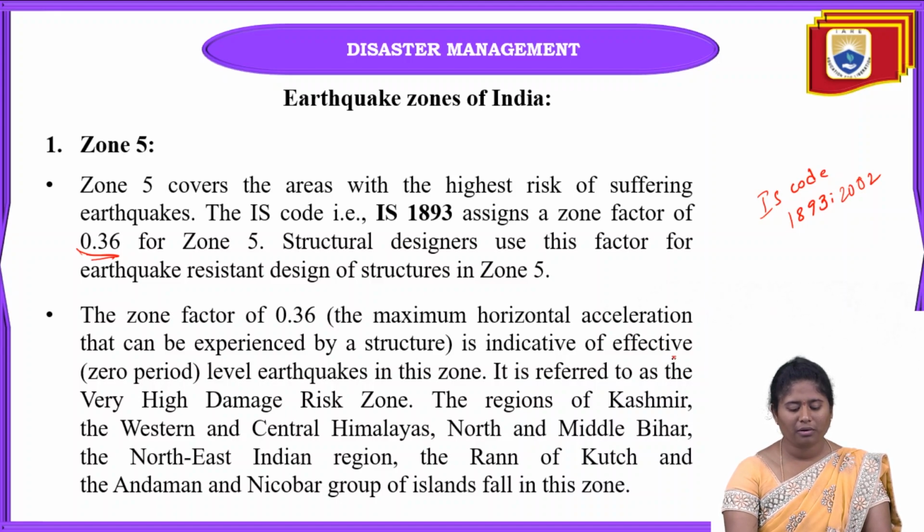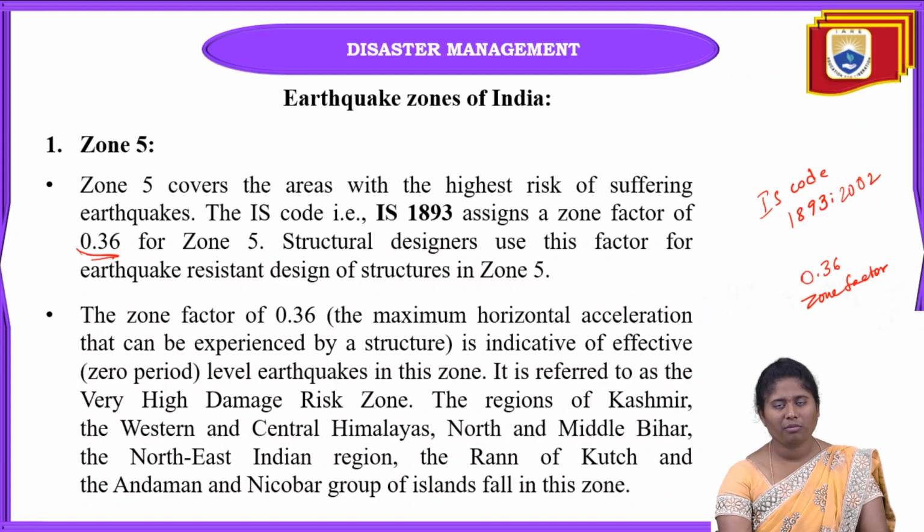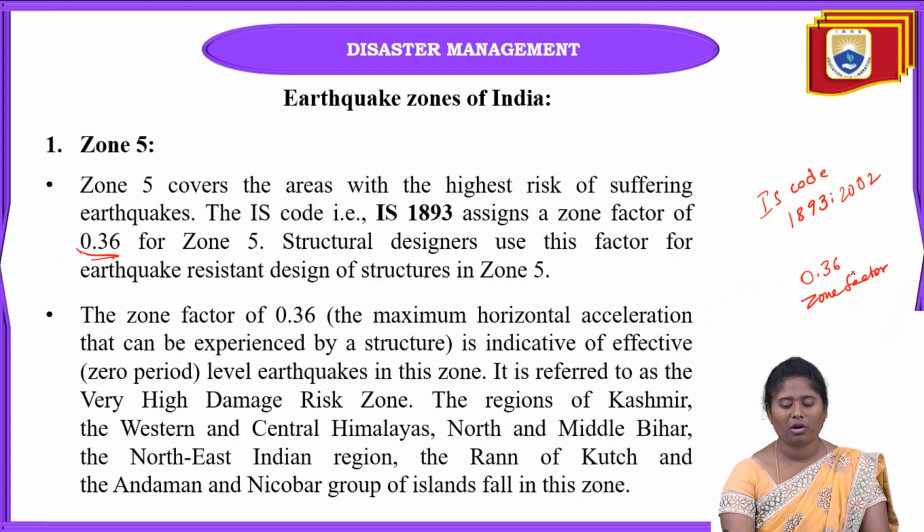This 0.36 zone factor refers to the huge risk zone, where so much damage is going to happen. That region is called zone 5. 0.36 is the zone factor for the zone 5 area.